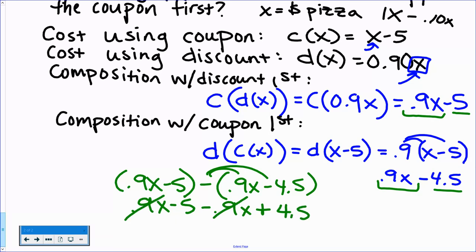So those cancel out because it's the same every time. And then I would take -5 plus 4.5. So I'd be left with -0.5 because the difference is 50 cents, okay? I would have to pay 50 cents more if I applied the coupon first.